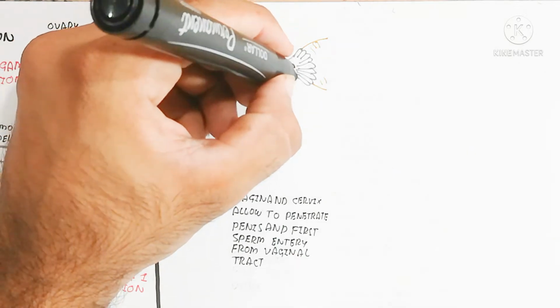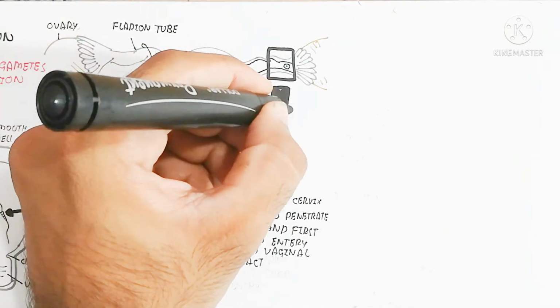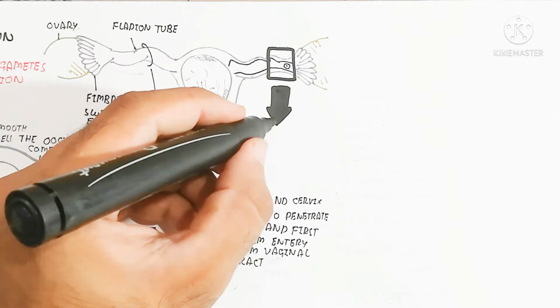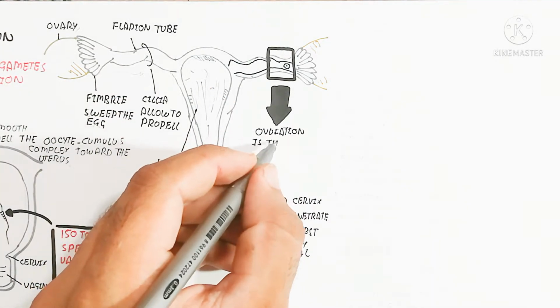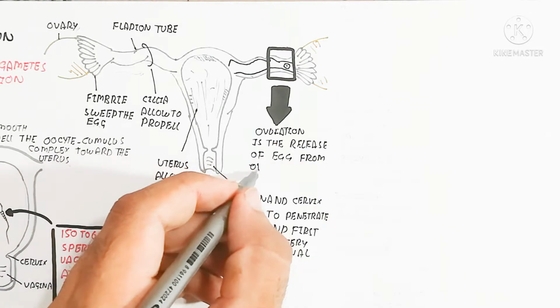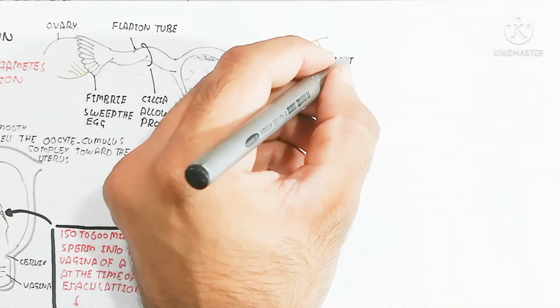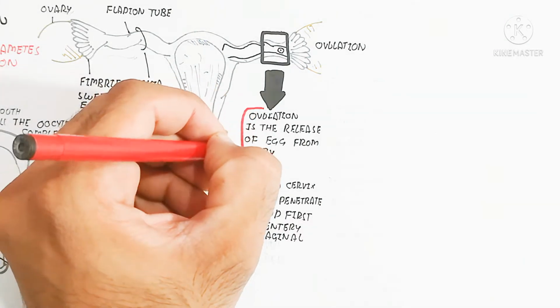And here ovulation is the release of the egg from the ovary. You can see here, all of this is due to the sympathetic and parasympathetic nervous system. Before the orgasm, the parasympathetic nervous system is active, while during the orgasm the sympathetic nervous system will be activated.